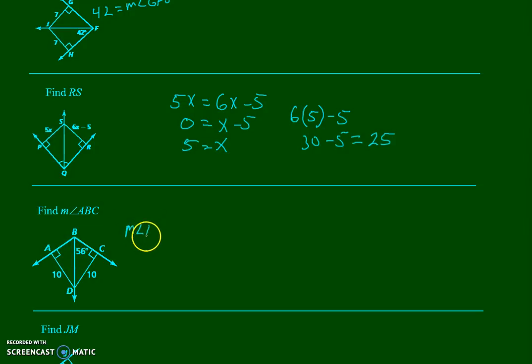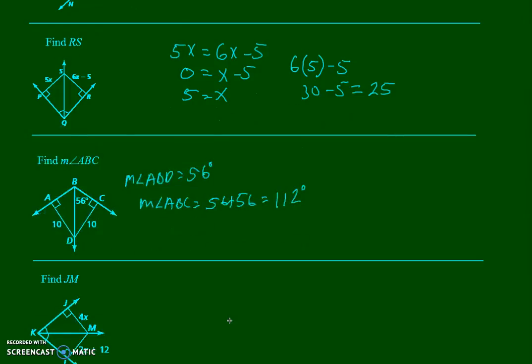So the measure of angle ABD is 56 degrees. That means that angle ABC is 56 plus 56, which is 112 degrees. Again, these aren't intended to be difficult examples. They're just exemplifying the two theorems.